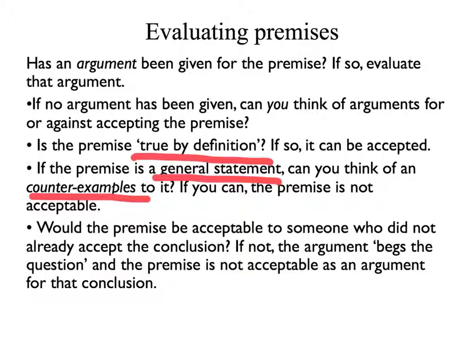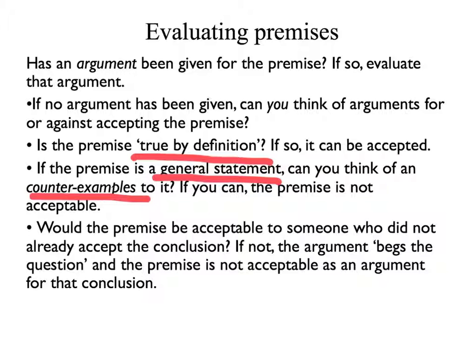If you had a general statement such as all birds can fly, a counterexample to that general statement would be, well, any example of a bird that couldn't fly, a penguin or an emu, for example. If you can think of counterexamples to a general statement, then you shouldn't accept it. The counterexample shows that the general statement's false.